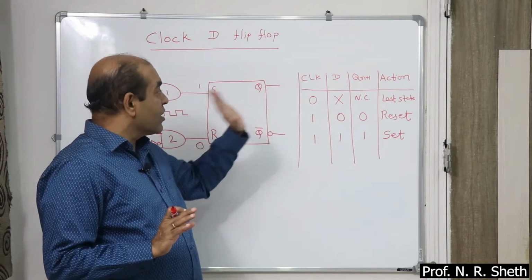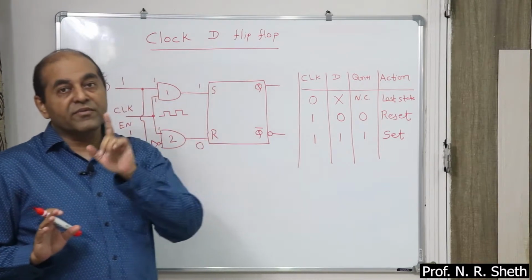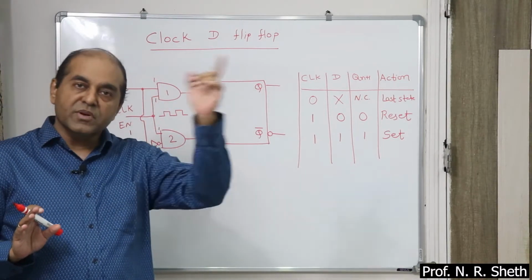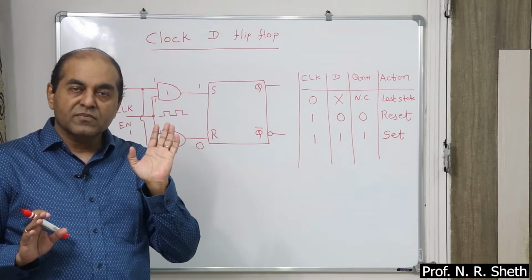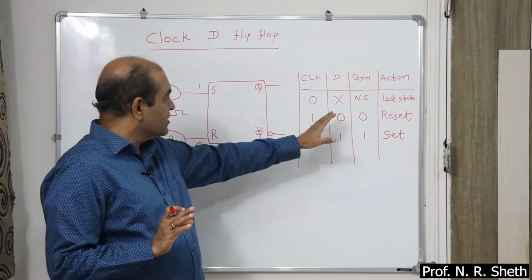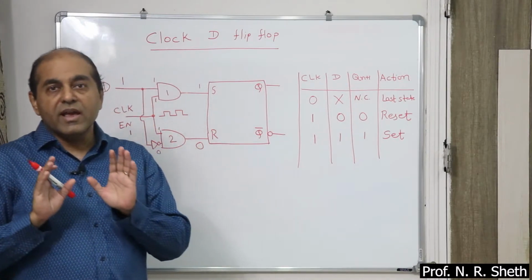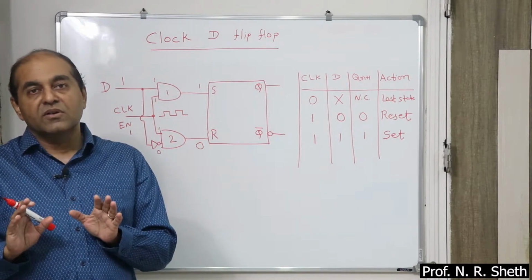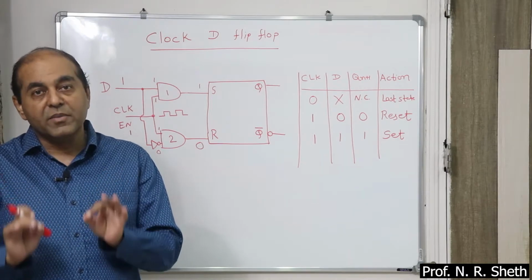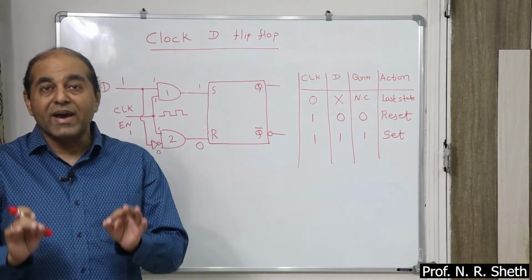And even if clock is not available, flip-flop is in previous state. And previous state means Q is either 0 or 1. So, in any circumstances, flip-flop remains in valid condition.